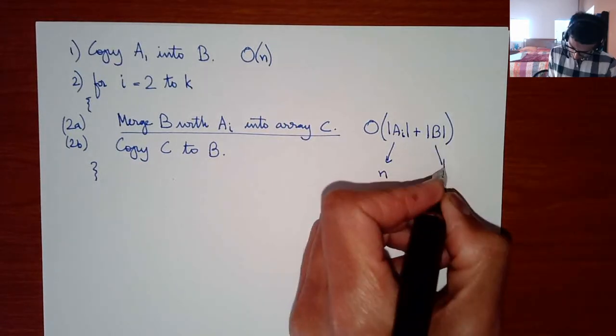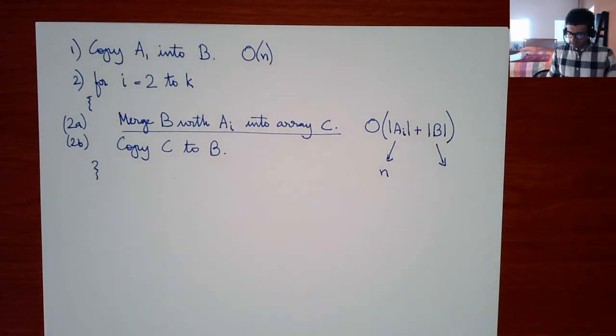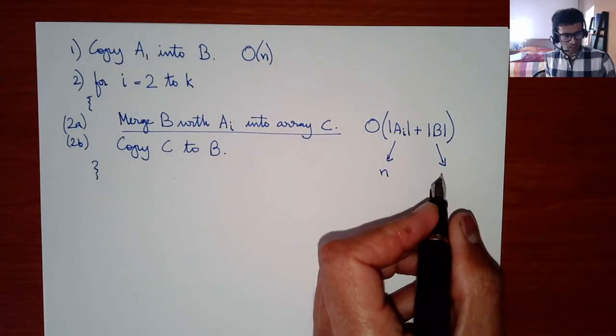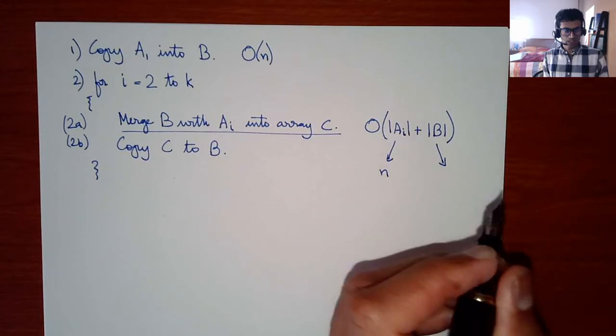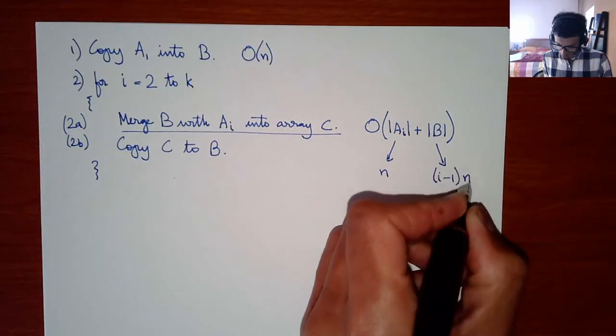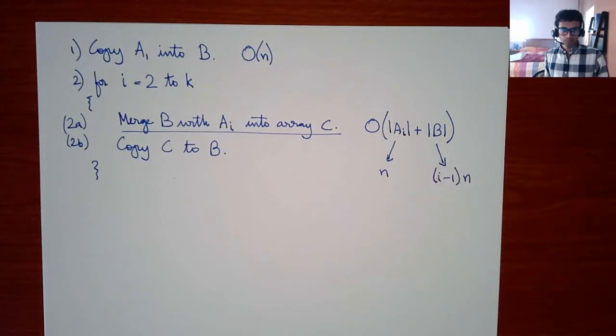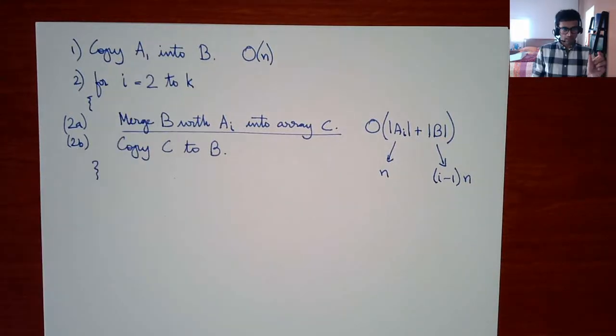The length of B is going to keep increasing in size. And it's really just i minus 1 times n. Because when you initially start, it has length n, then it has length 2n, then 3n, 4n, and so forth.